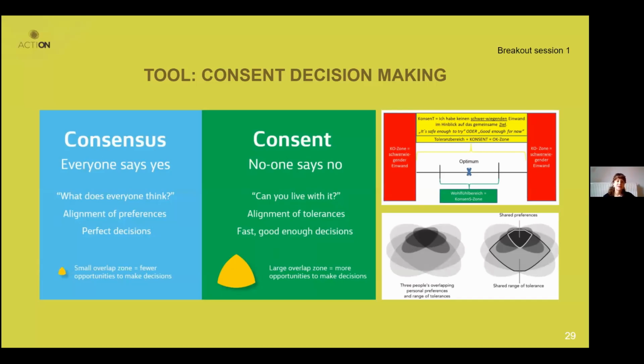It has not to be confused with consensus, where everyone has to agree. It is exactly the opposite, where no one has to be against a proposal to come to a conclusion. So decisions can be made quicker because it's easier to be okay with something than to agree completely for something.